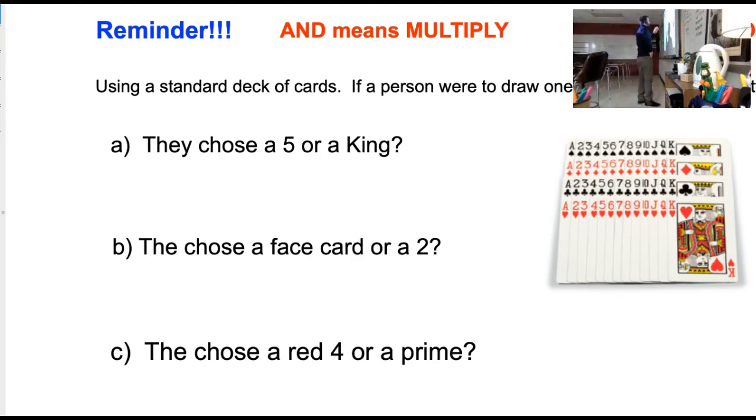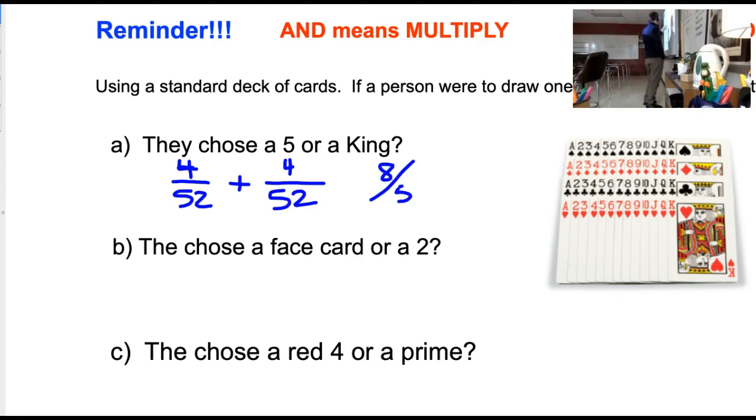So 4/52 plus the other 4/52, because it says or, so either card would be a favorable outcome. That's a total of 8 favorable outcomes out of the 52 possible, which reduces, divide by 4, to 2/13.